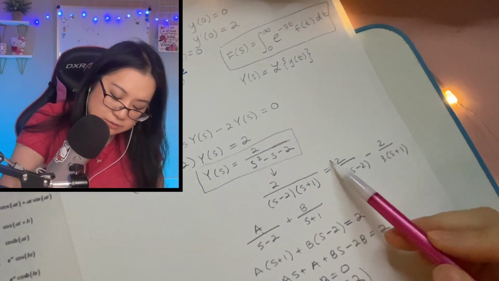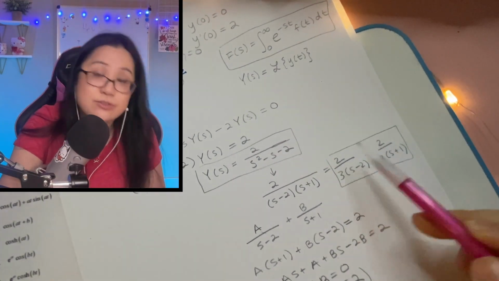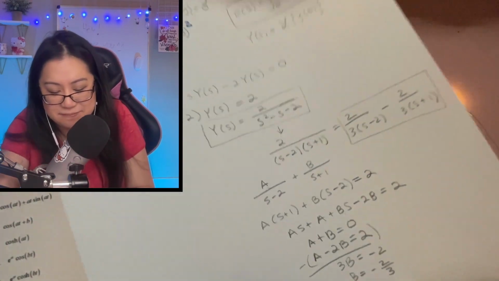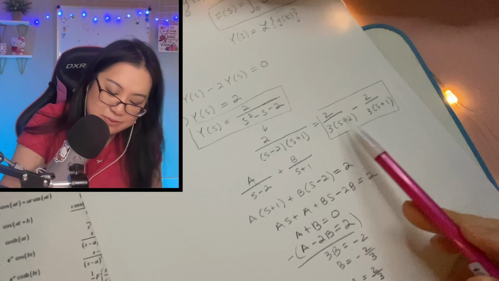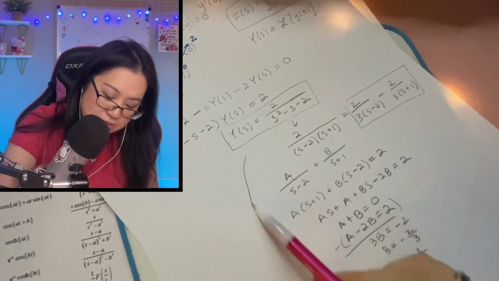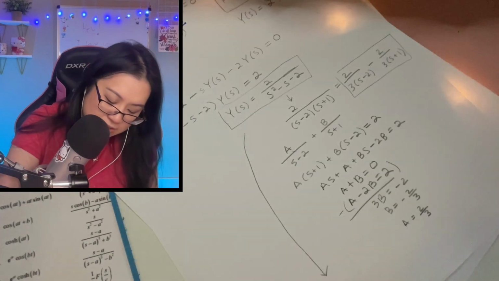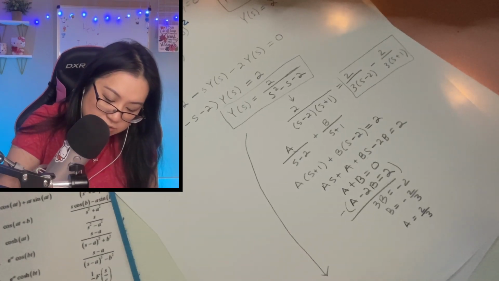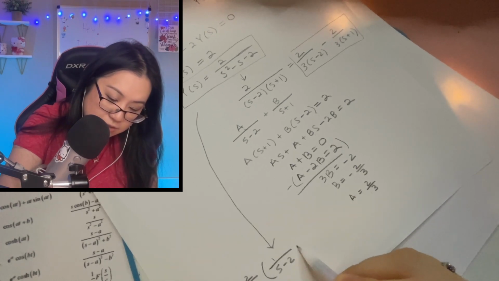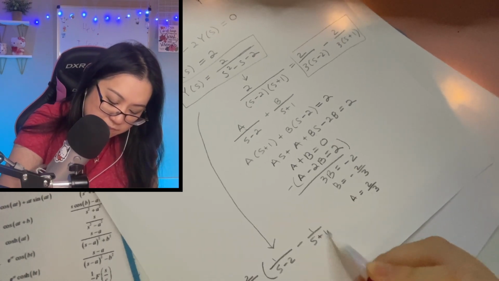Okay, so we just kind of have to trust ourselves here until the end, I think. We're almost there. So we basically have 2/3 and 2/3. So this is 2/3 times 1 over s minus 2 minus 1 over s plus 1.